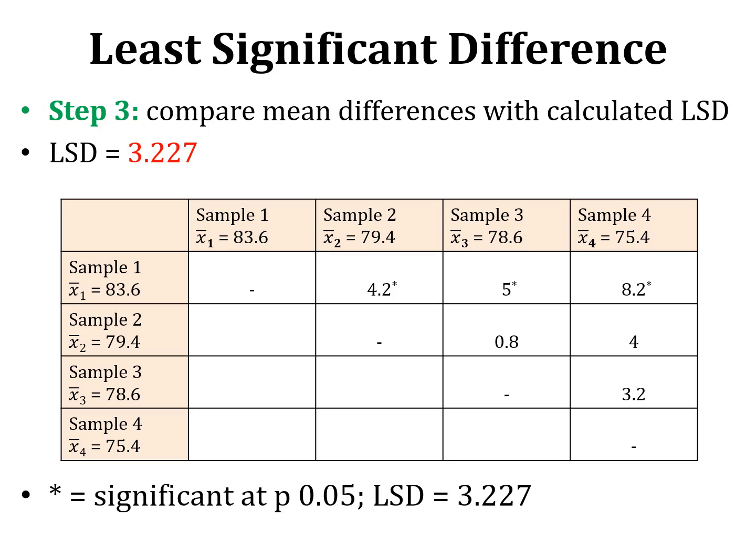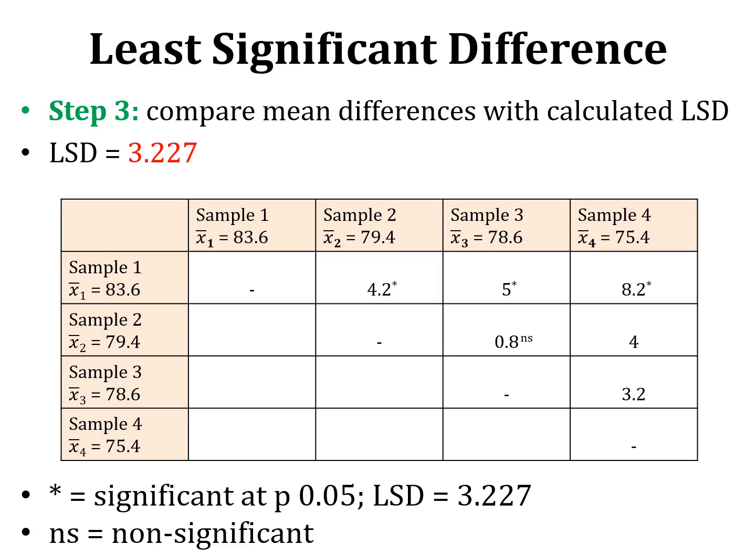And then we have sample number 2 and sample number 3 pair, and for that, the difference between these means is only 0.8, which is less than 3.227. So what are we going to do with that? Are we going to place an asterisk? No, because this is not significant. So we are going to notify this one through NS. So NS means non-significant, right?